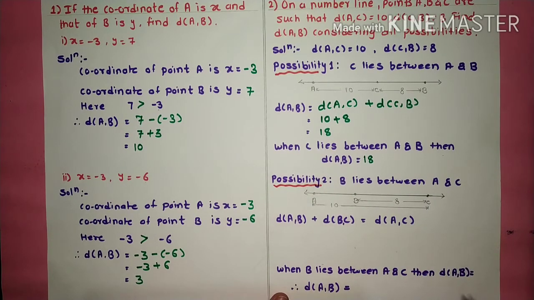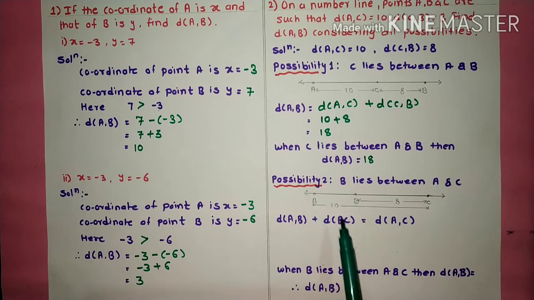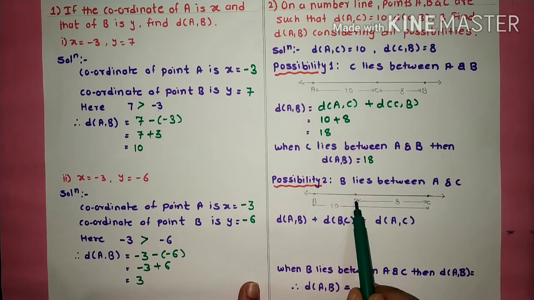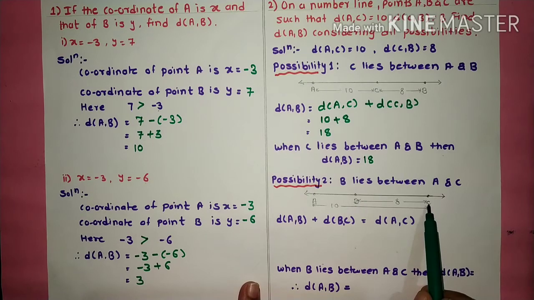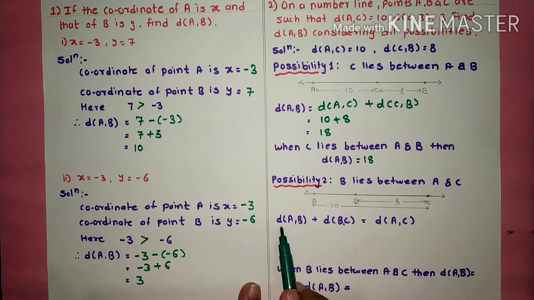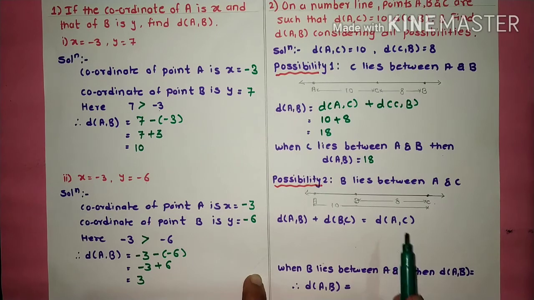Now we have to find distance AB. Here distance AB plus distance BC is distance AC. So here we write down distance AB plus distance BC equal to distance AC.